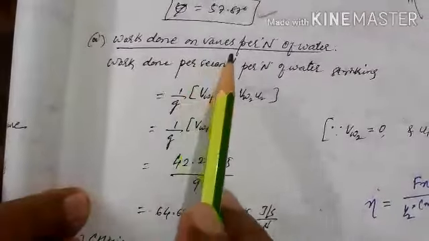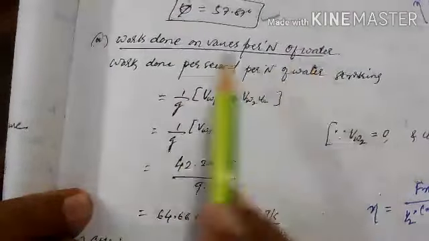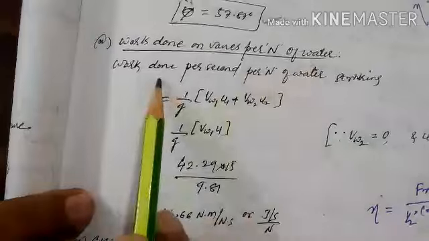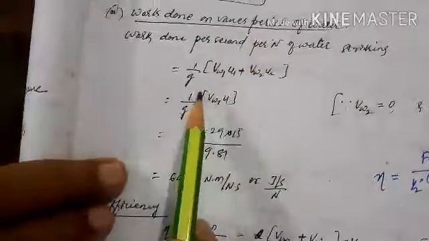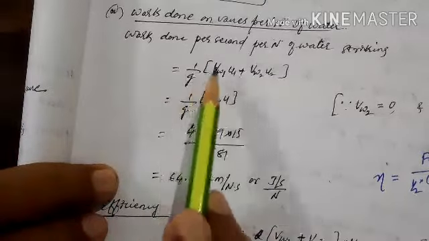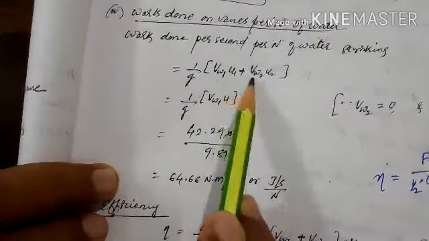And they asked also the work done on vanes per Newton of water, that means per weight. So work done per second per Newton of water striking. This is the formula: 1 by g into bracket VW1 U1 plus VW2 U2.